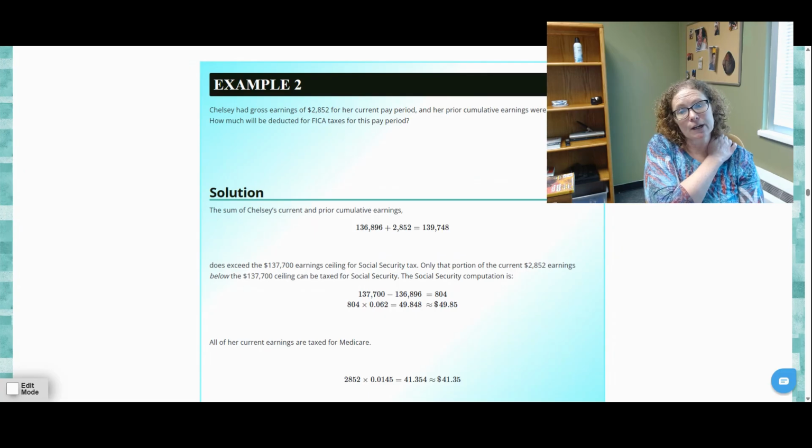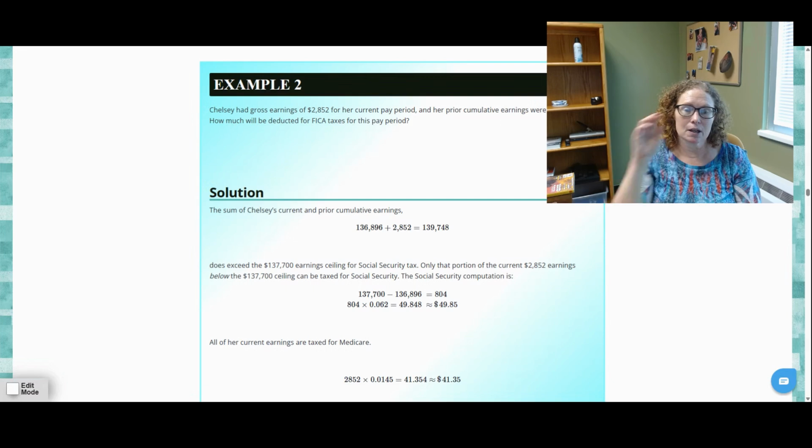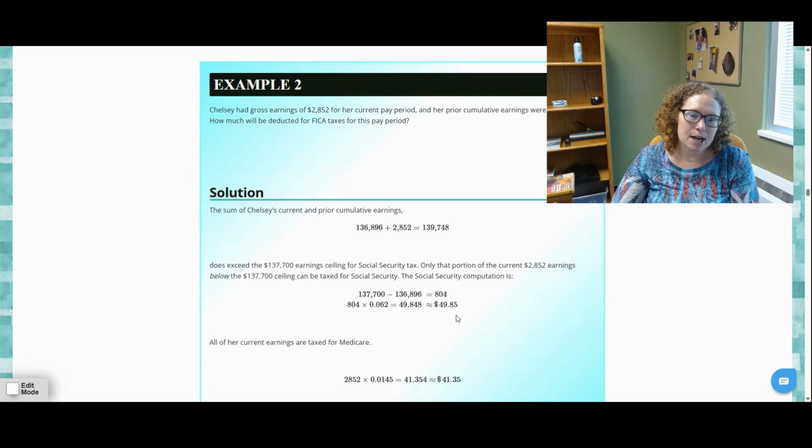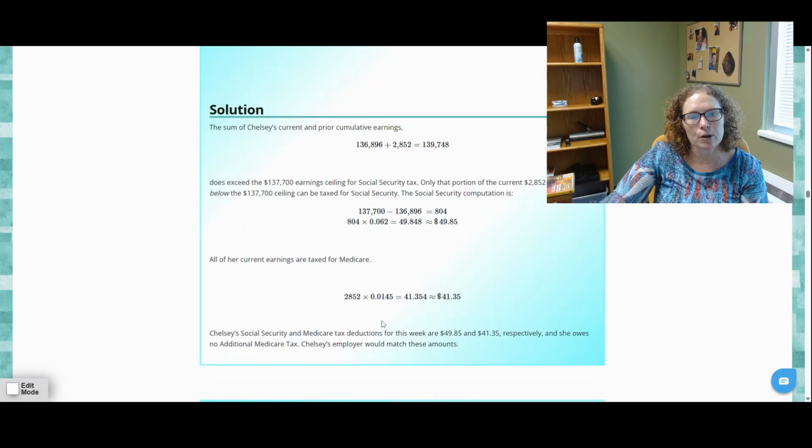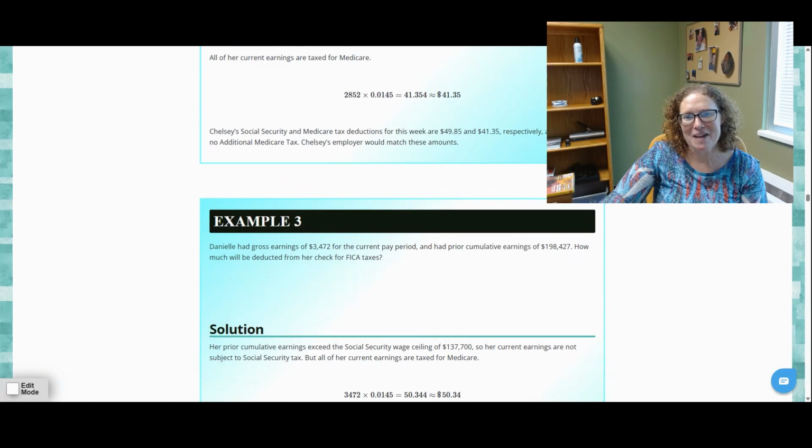So it's only $804 that we're looking at for the percentage of the Social Security tax. And then the Medicare stays the same because there's no ceiling or cap or anything. So we're looking at $41.35. So those are the two amounts that would be taken out of Chelsea's paycheck and that the employer would have to cover or match.